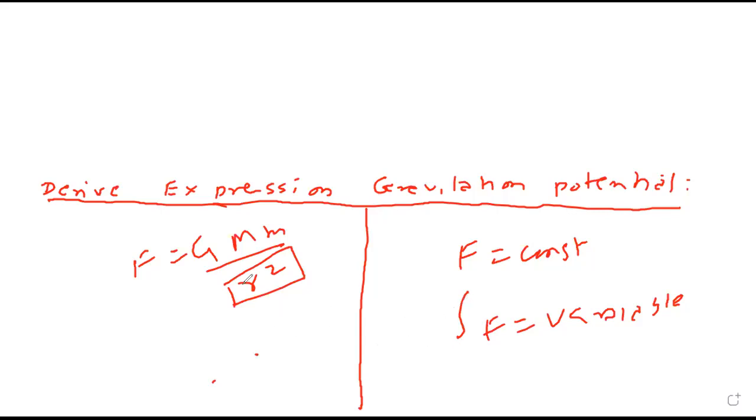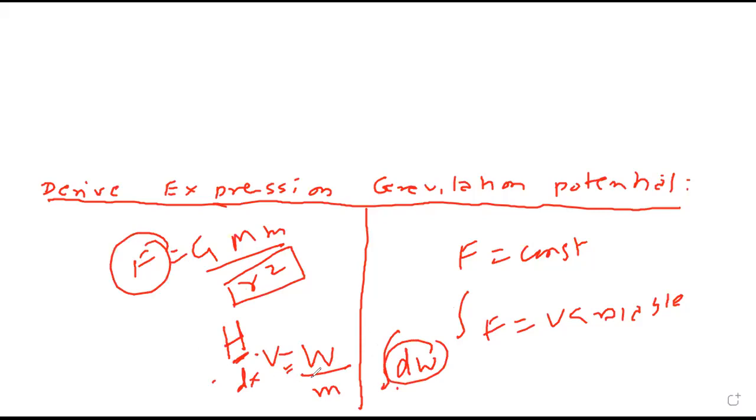Between a very small distance dx, this force remains constant. So first I will find dW, then integrate to get W, then divide by mass to get potential. This is my logic. But to get dW we require force, and to get force we require two masses: one of the earth and one of the body being moved.